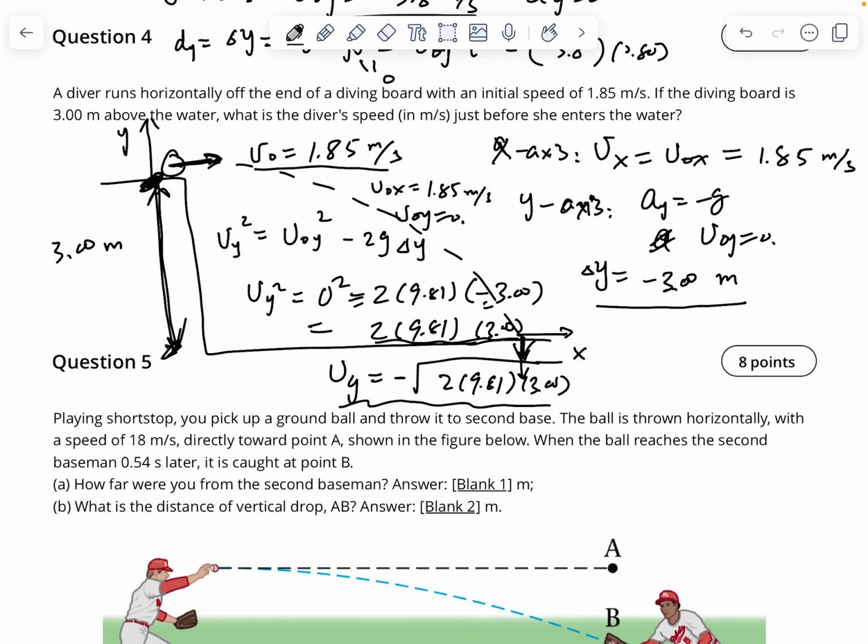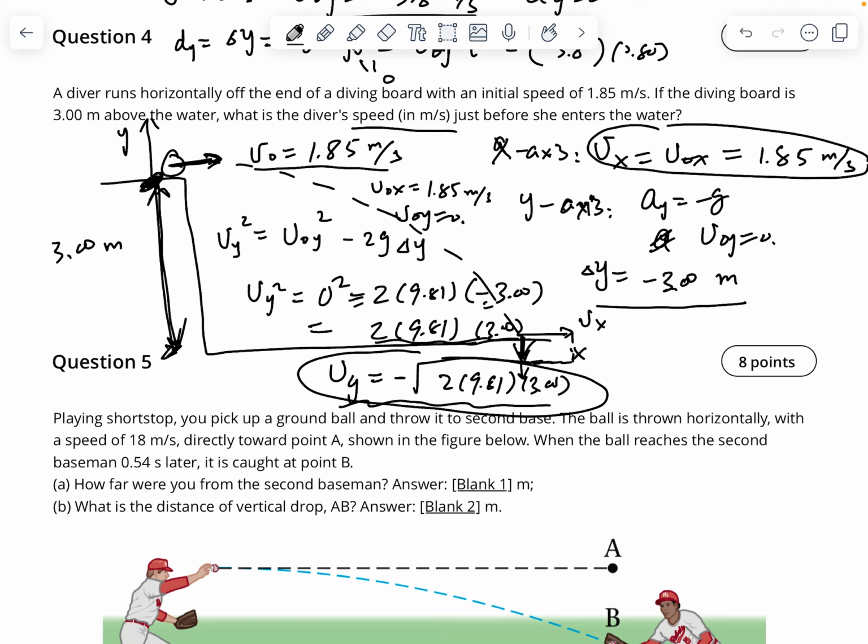So now you have Vx, and then this is Vy. And it asks you for the speed. Speed is basically the magnitude of this velocity. So this is Vx, this is Vy pointing down, and then you have to figure out this guy.